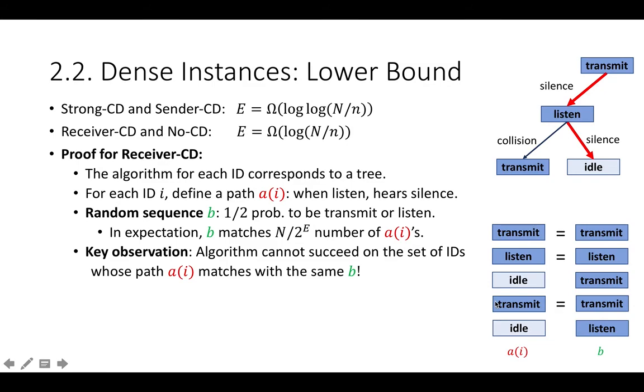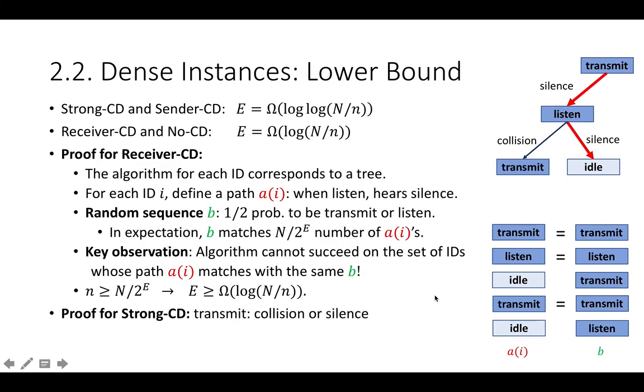Now the key observation is that the algorithm cannot succeed on the set of IDs whose paths A_i all match with the same random sequence B, because these devices will always transmit at the same time and listen at the same time, so there cannot be any successful transmission of a message. So this means the number of devices is at least capital N divided by 2 to the E. And that gives us the desired lower bound of the energy complexity of log N over n.